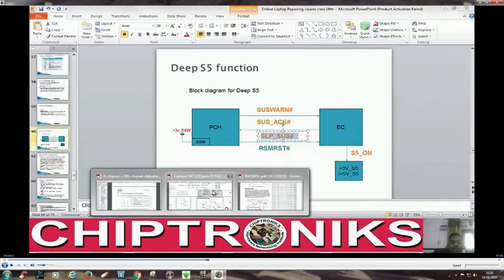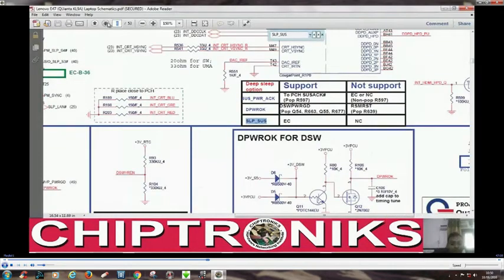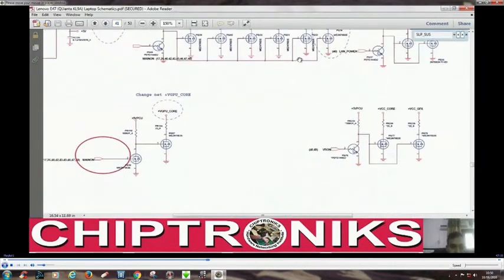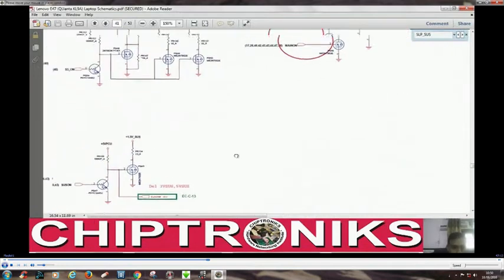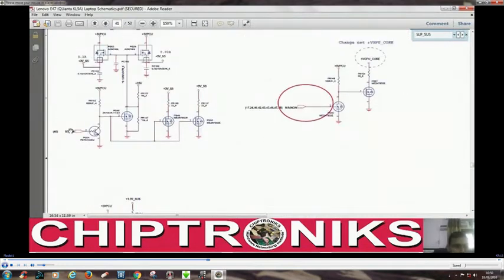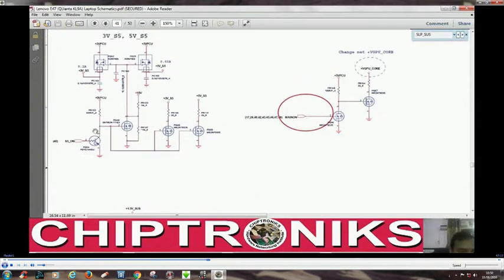And you can see in page number 41, after S5_ON is generated, it is fed to a transistor, and this is an NPN transistor. When the base is activated, the collector-emitter junction is activated, so voltage will drop across this resistor. So this point is connected to this point.